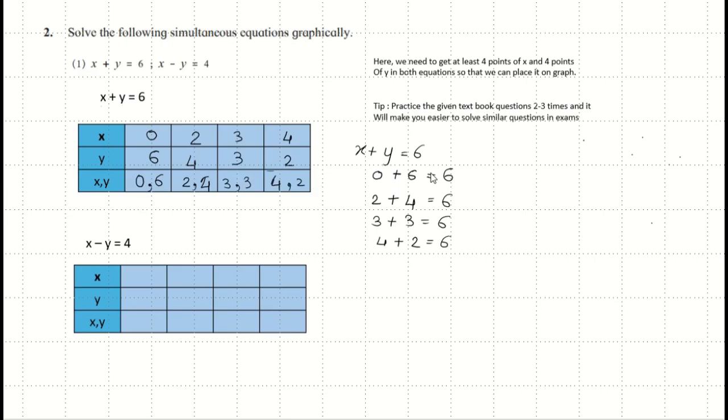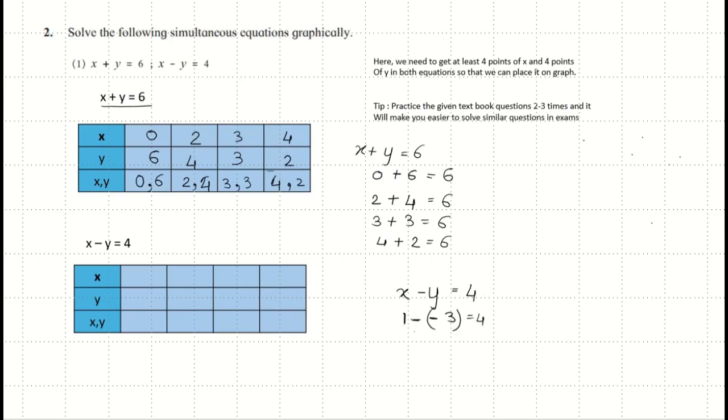Now moving on to second equation where x minus y is equal to 4. We need to find numbers where on subtraction we get 4. So what are the possible ways of getting 4? We need to take such numbers where subtraction will give us 4. In this case, if we take x as 1, 1 minus minus 3 is equal to 4.